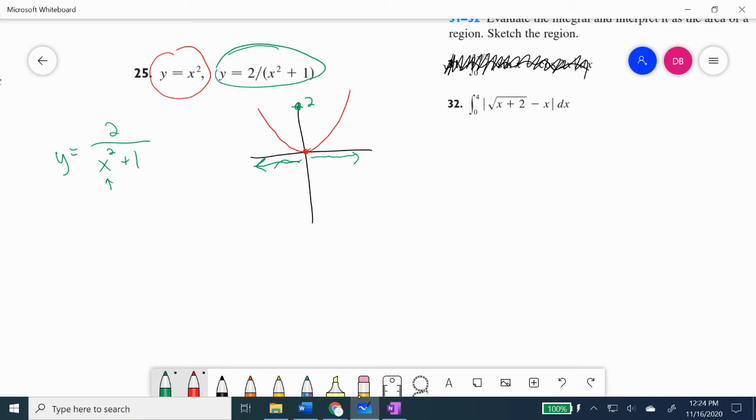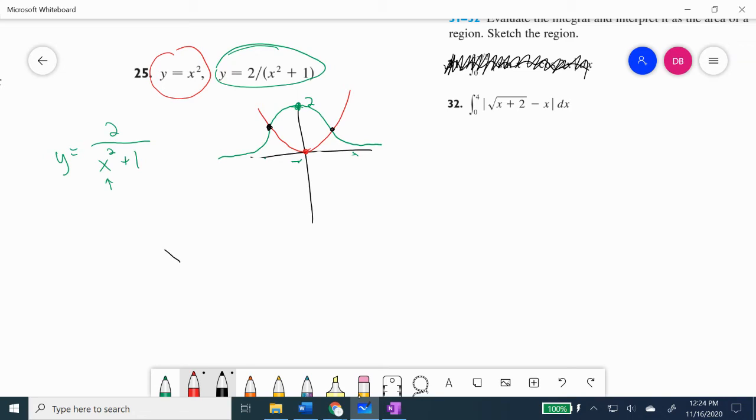So basically, it's a bit of a bell curve, like that. Now, we need to know where they intersect each other. So it is symmetric, even though it's not drawn perfect.